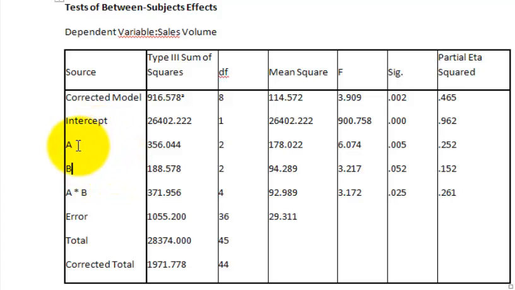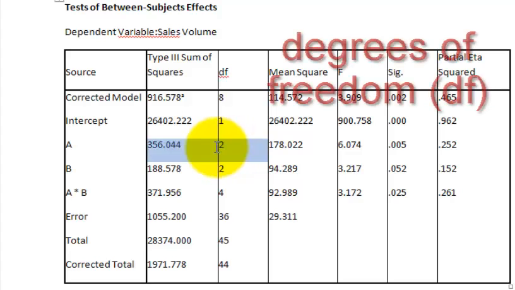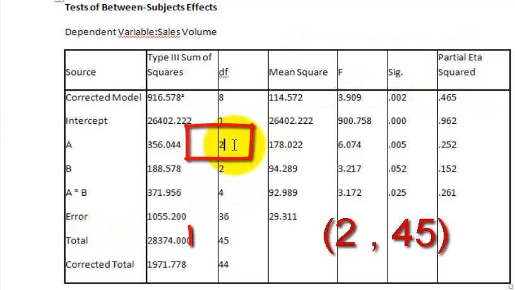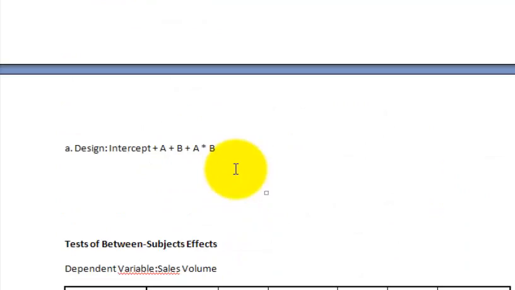But now, to write it up properly, you get the degrees of freedom for that variable. It's 2. And that's your between groups degrees of freedom. Your second is your error term, 245.